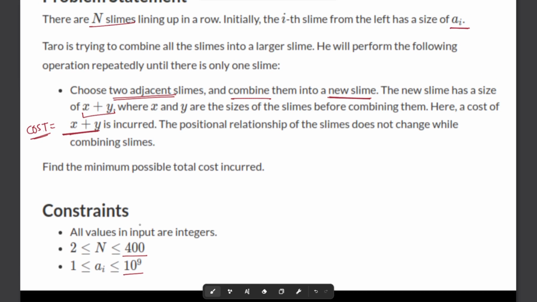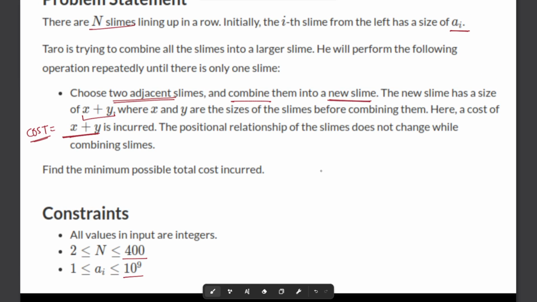So let's try to figure out what this operation is going to look like. Suppose we are given an array of size 4 with values 1, 2, 3 and 4, and we want to perform the operation on the adjacent elements 2 and 3.